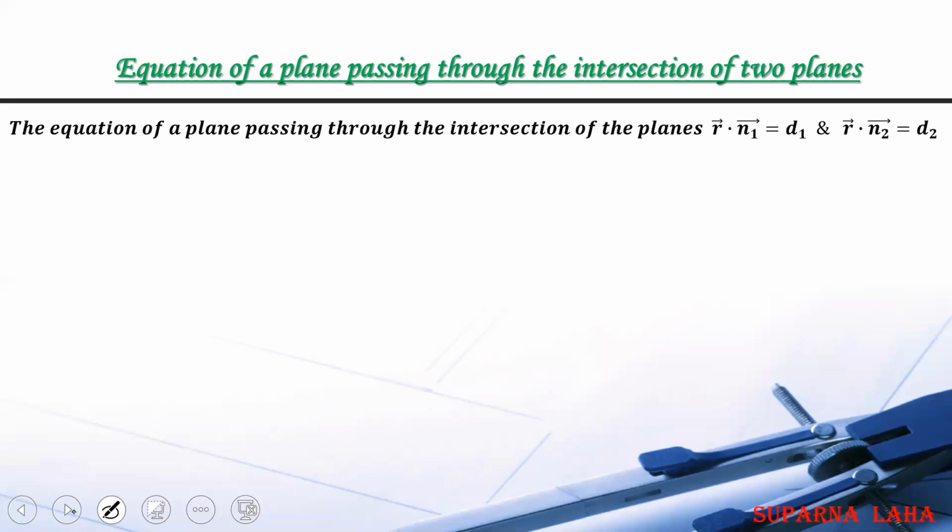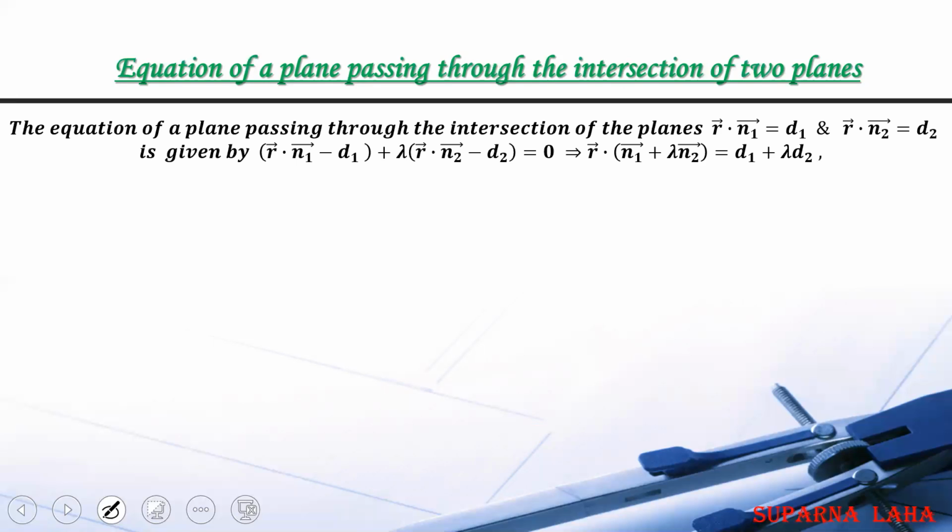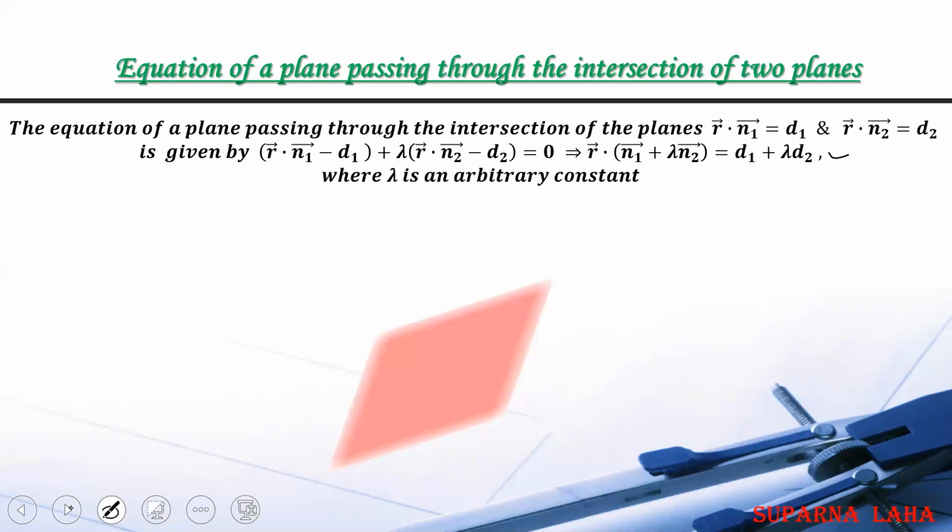Then the equation of the plane passing through the intersection of these two planes is given by the first equation of the plane plus lambda into the second equation of the plane equals 0. If you simplify it, we can write this form also. So mainly first equation plus lambda into the second equation equals 0, where lambda is any arbitrary constant, and you can find the value of lambda with the help of the given condition.